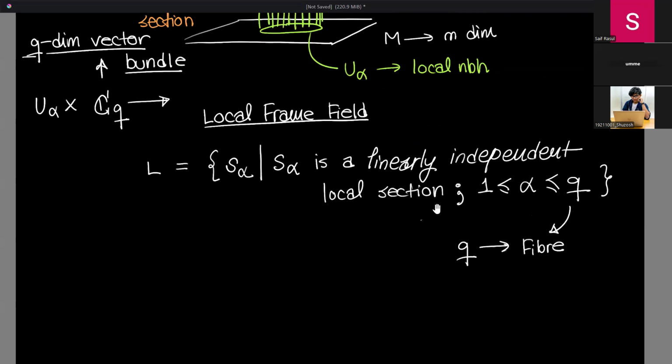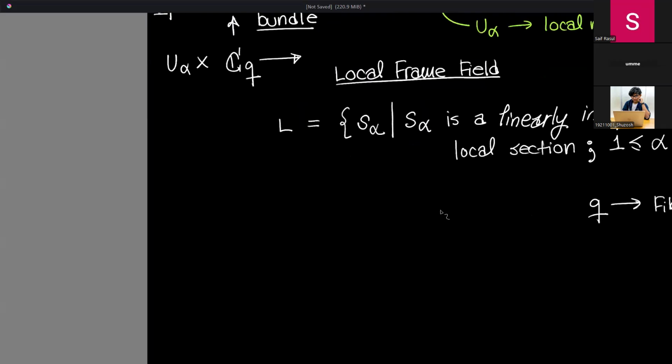And local frame fields sound like a completely new thing, but it's essentially the same principle as what we've been doing the entire time, which is taking something locally defined at a point P on the manifold and asking, what if we took all of the spaces attached to every point P and aggregated them together? If we did that globally, we would get a global object, and if we did that locally, we would get a local object. In this case, it's a local object.